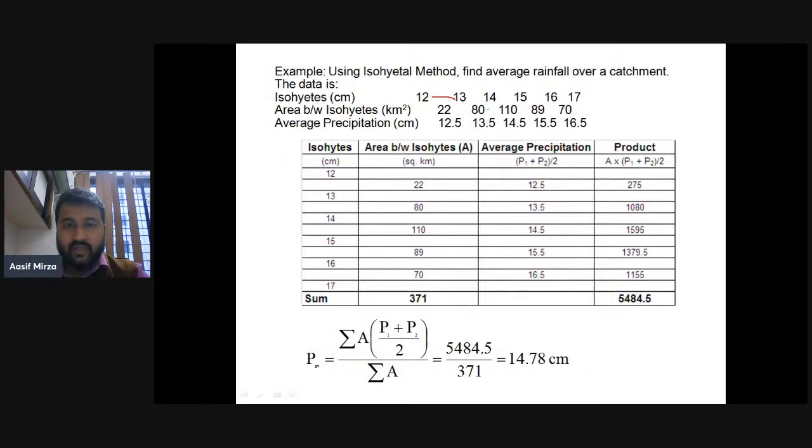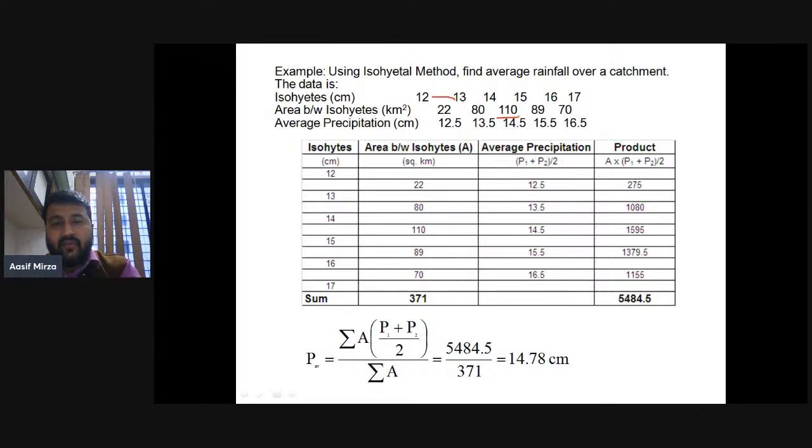Between 13 and 14, the area is 80 kilometer square. Between 14 and 15, the area is 110 kilometer square. The 15 and 16 centimeter isohyets have an area of 89 kilometer square, and the 16 and 17 centimeter isohyets have an area of 70 kilometer square.